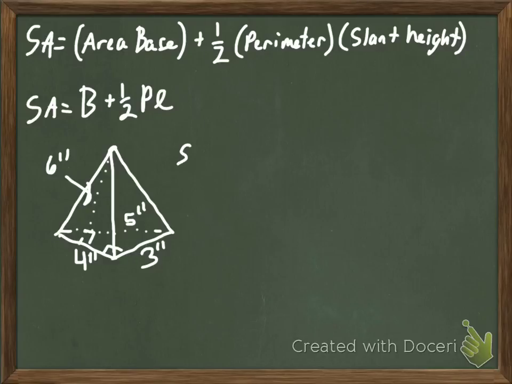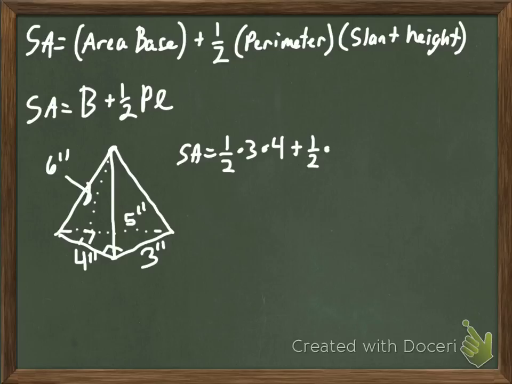So surface area equals, the base is a triangle. We know the area of a triangle is 1/2 times the base and the height. So it's going to be 1/2 times 3 times 4, plus, we have another 1/2 in there, times the perimeter.